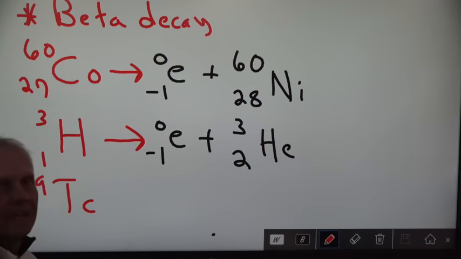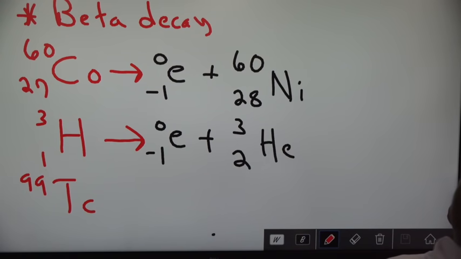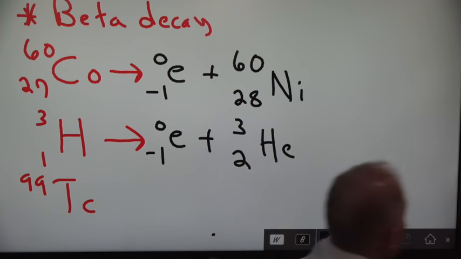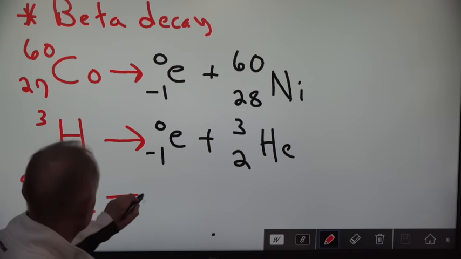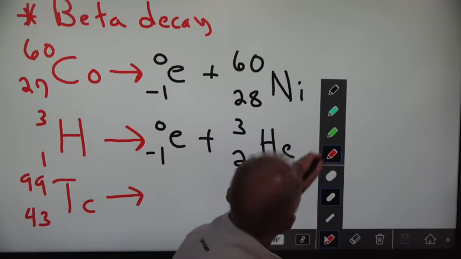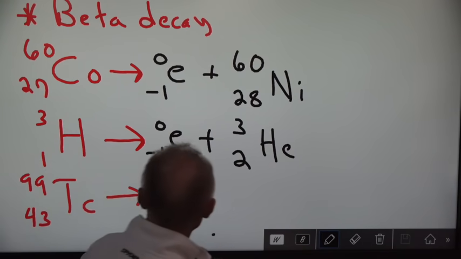This is technetium 99. So let's look for Tc, and it's 43. All right. Technetium 99 is a beta emitter, so it spits out a high-speed electron.